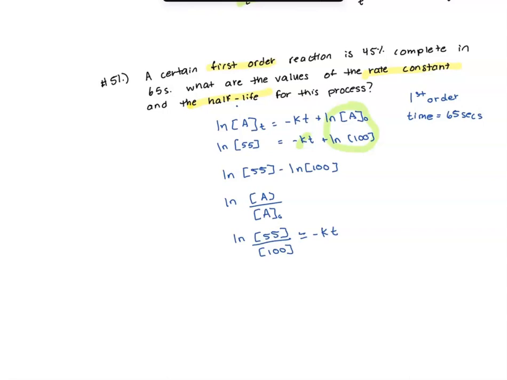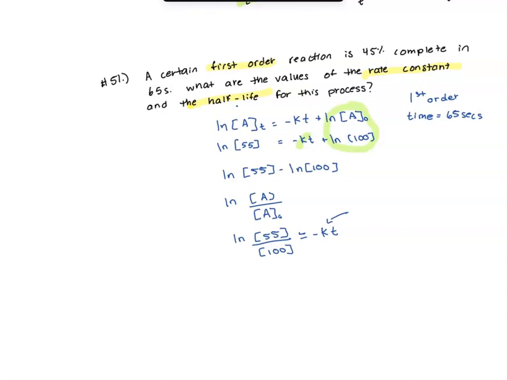So then the only thing that we have left is our k. And what you want to do at this point to make it easy is just go ahead and solve for this part. So it's natural log 55 divided by 100. Put that in the calculator. And we get negative 0.597.